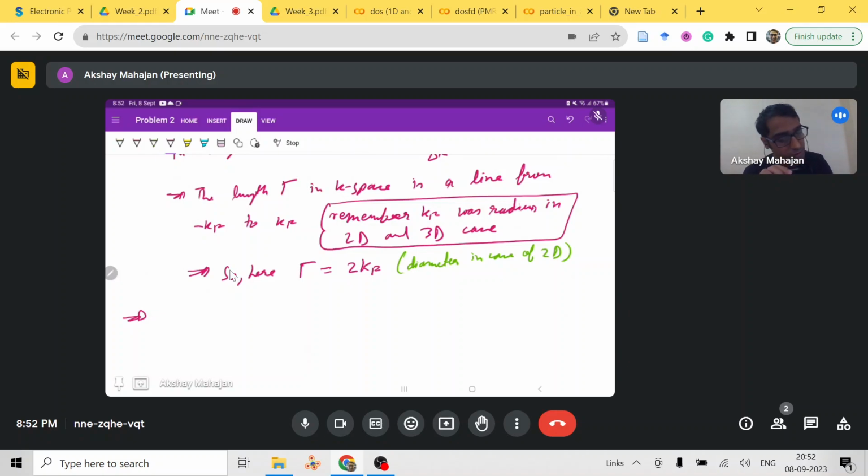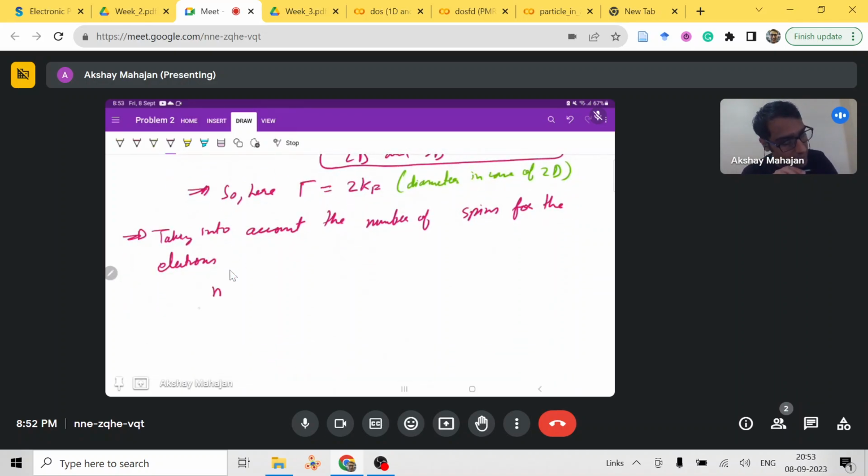Now, again the same thing, taking into account the number of spins for the electrons, we will write n as the number of electrons per unit length.